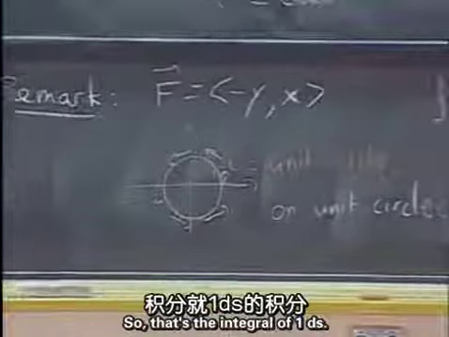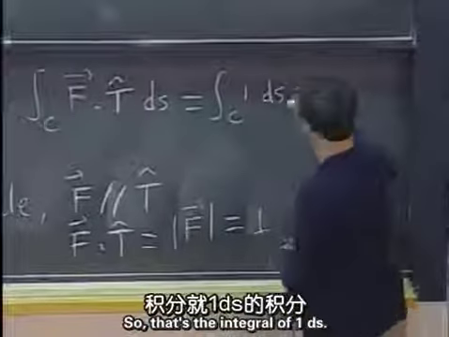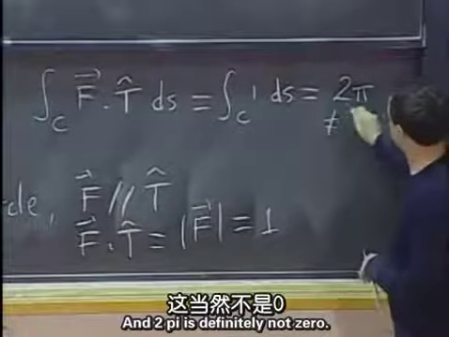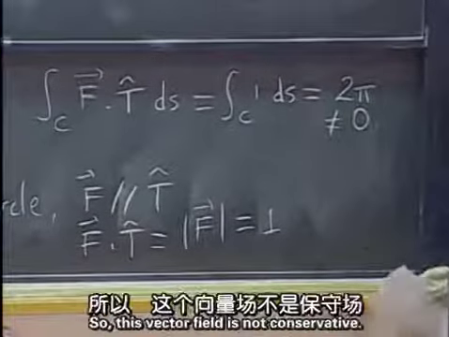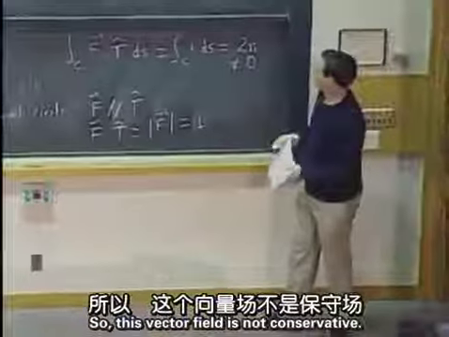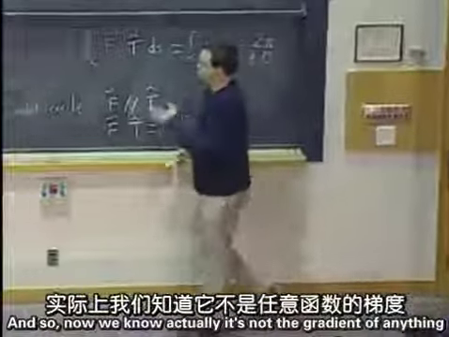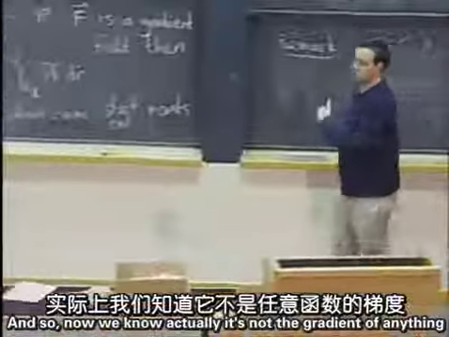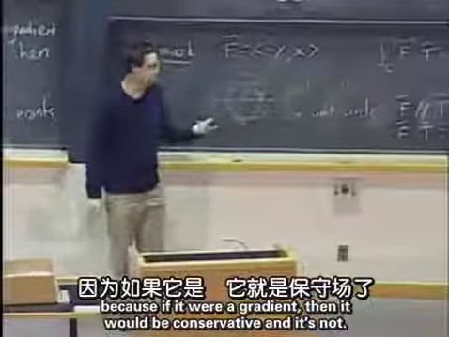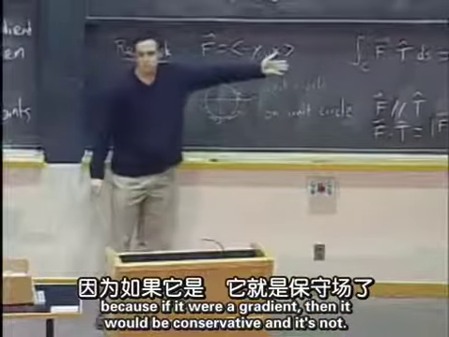So that's the integral of 1 ds, which is just the length of the circle, 2 pi. And 2 pi is definitely not 0. So this vector field is not conservative. And so now we know it's not the gradient of anything, because if it were a gradient, then it would be conservative, and it's not.